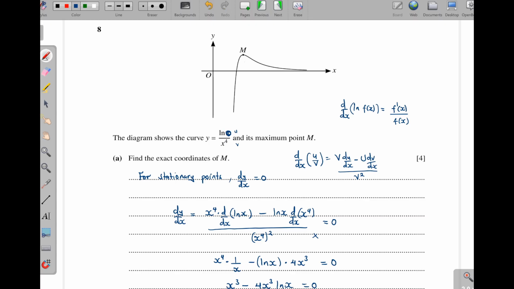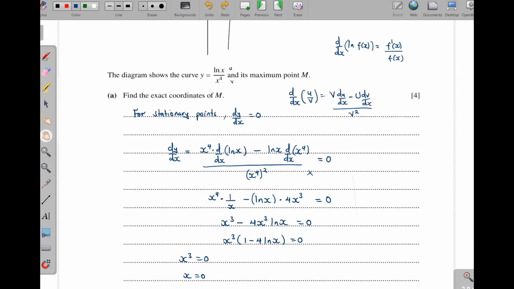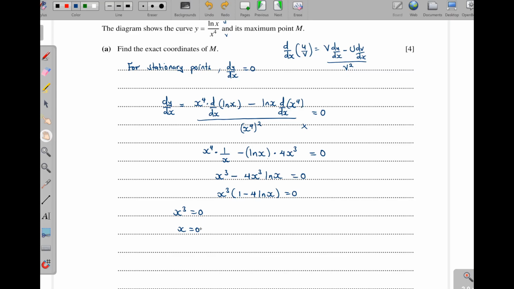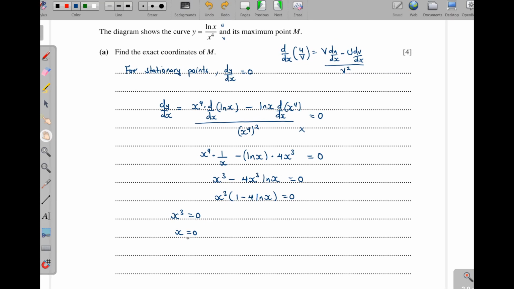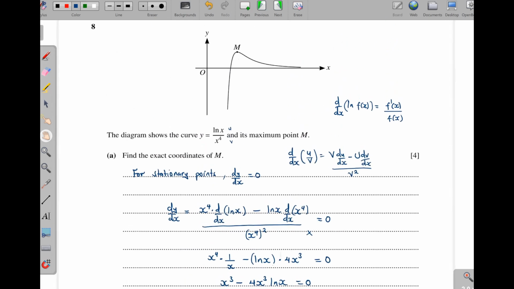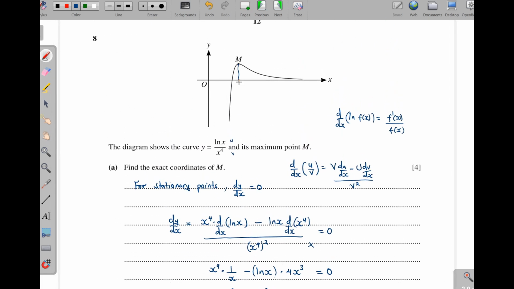On the y-axis, x is 0, so natural log of 0 is not there. That's why this graph will be meeting this y-axis at infinity. So the y-axis is an asymptote. Okay, so we are not taking this value here. We are not taking this, and even on the sketch here, you cannot call this one the x coordinate as 0. You see that?